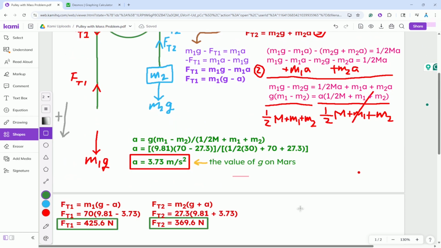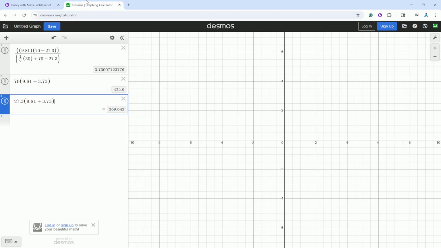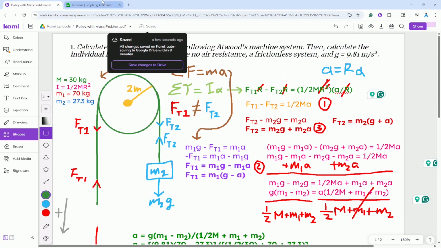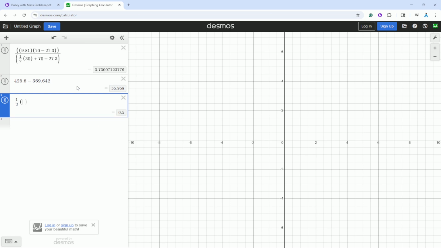And if you want to do a sanity check, you can just verify: FT1, which is this, minus FT2 should equal 1/2 of the mass of the pulley times the acceleration.